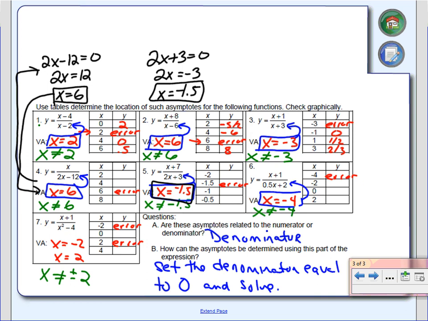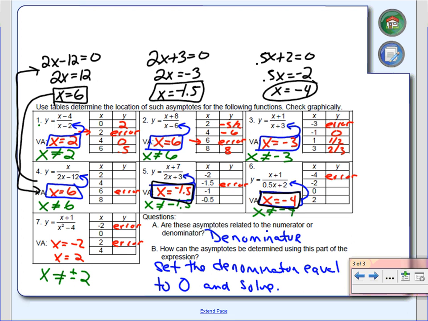Look at number 6. If I take the 0.5x plus 2, set it equal to 0, look what happens. Subtract 2. Take negative 2 and divide it by 0.5. Guess what I'm going to get? Negative 4. Exactly like what I have right here. So all we're doing is taking the denominator, setting it equal to 0, and solving.